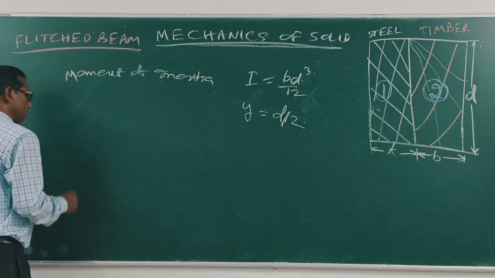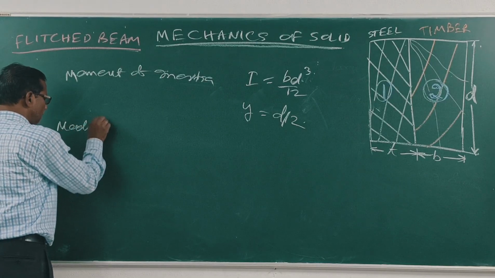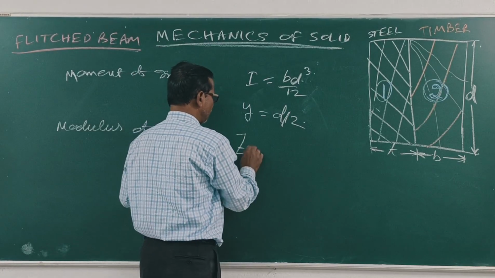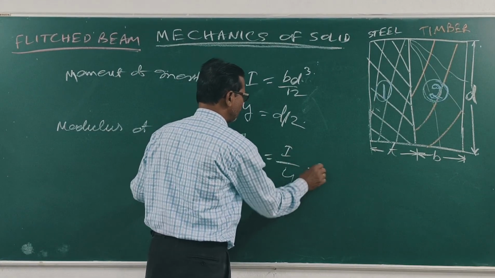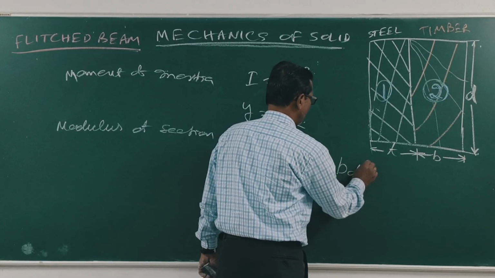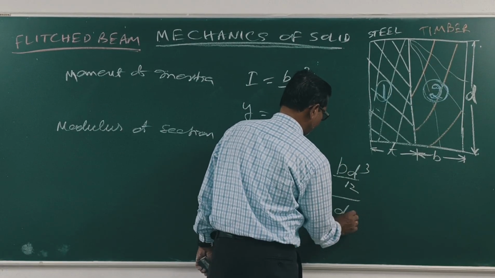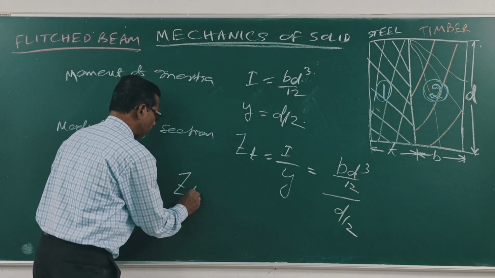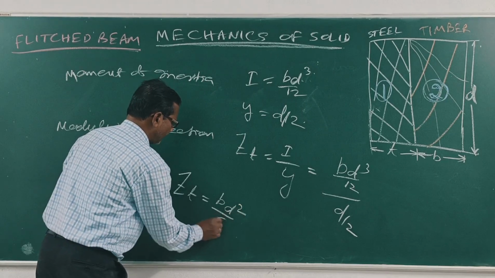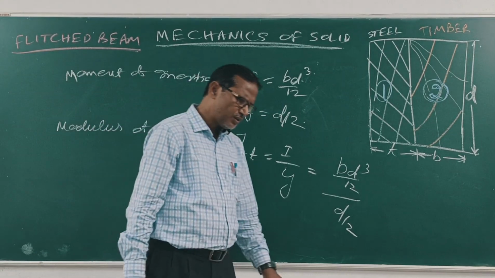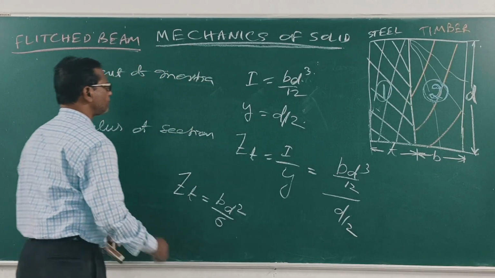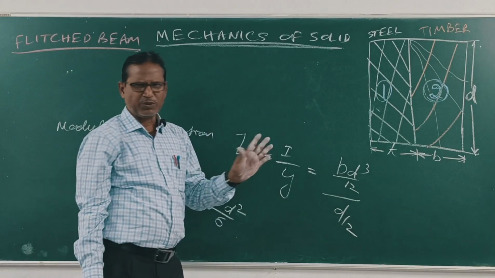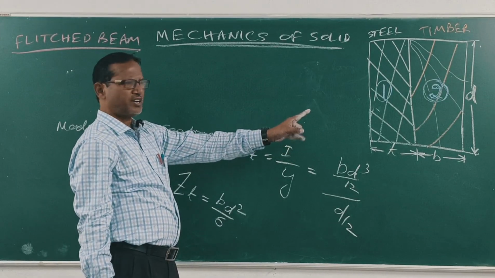Now the section modulus Zt is equal to I by y, where I is b d cube by 12, divided by d by 2. So Zt is equal to b d square by 6. Clear? This is for timber, that is for steel. 1 for steel, 2 for timber. Clear?